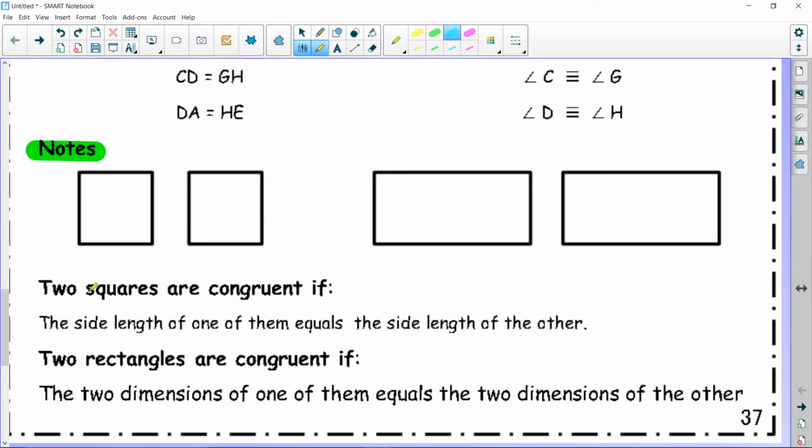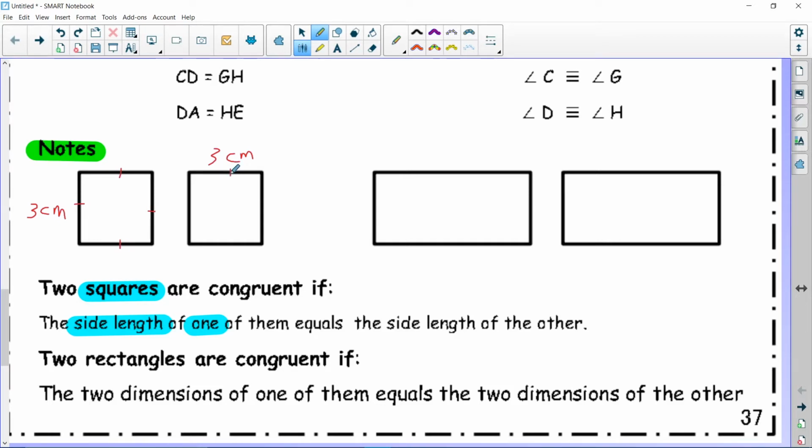Note, two squares are congruent if just one side length of one equals the side length of the other. For example, if this side is 3 centimeters and this side is also 3 centimeters, and these two polygons are squares, then I can say these two squares are congruent, because we know all the sides in the square are equal.